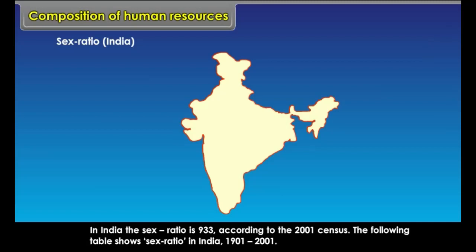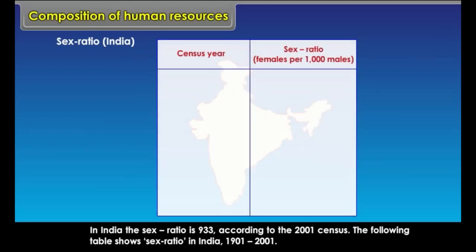Census year 1901. Sex ratio, that is females per 1,000 males, was 972. In 1911, it was 964. In 1921, 955. 1931, 950. 1941, 945. 1951, 946.